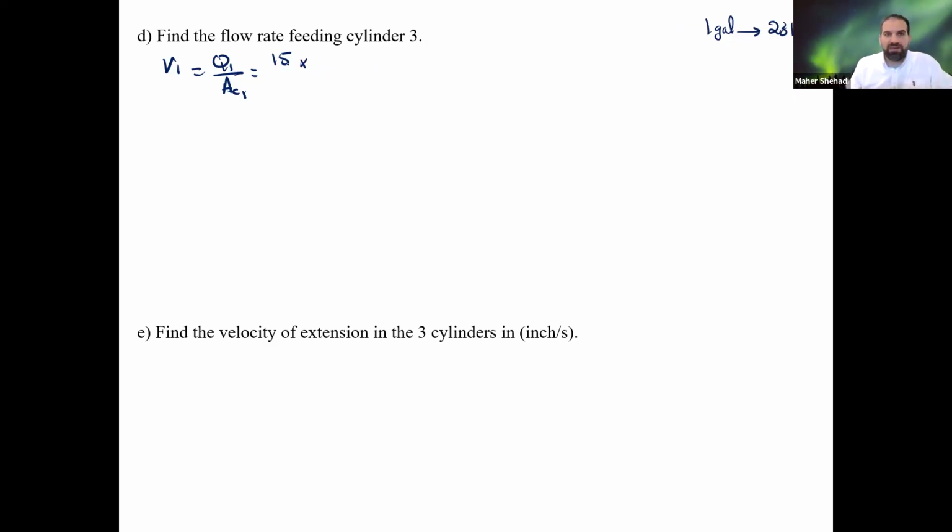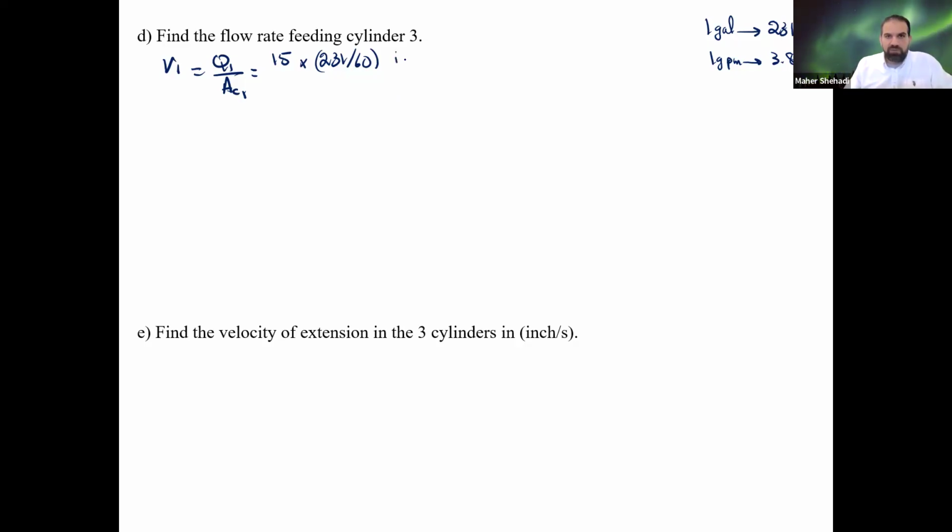And of course, I have the per minute, gallons per minute, so I'll need to divide by 60. So 231 over 60, this is actually a common conversion when GPM is 3.85. If you divide 231 by 60, you should get 3.85 cubic inch per second.